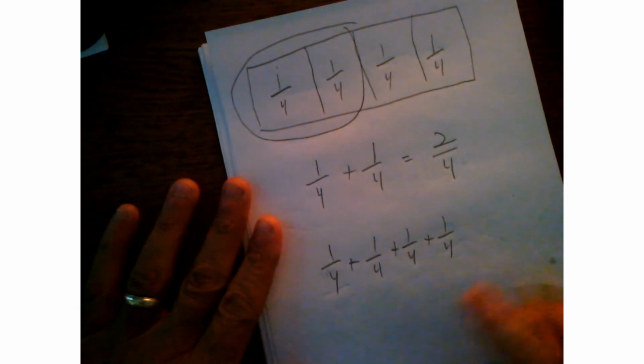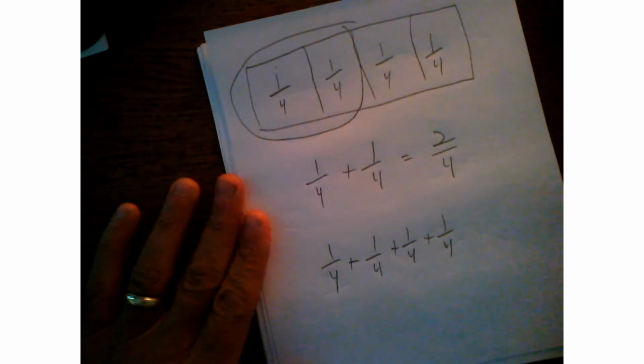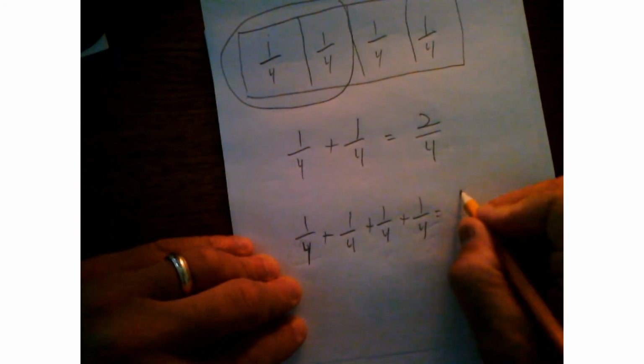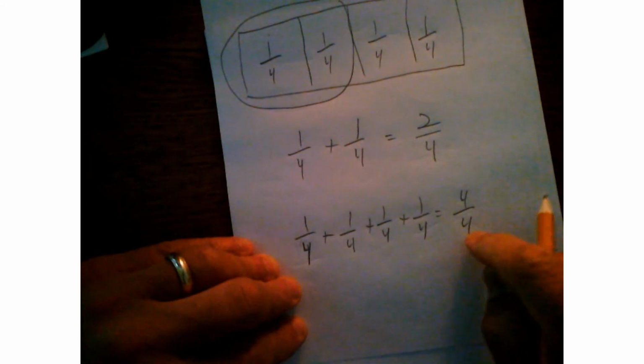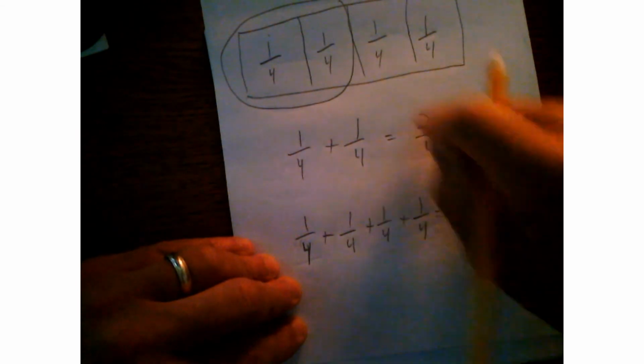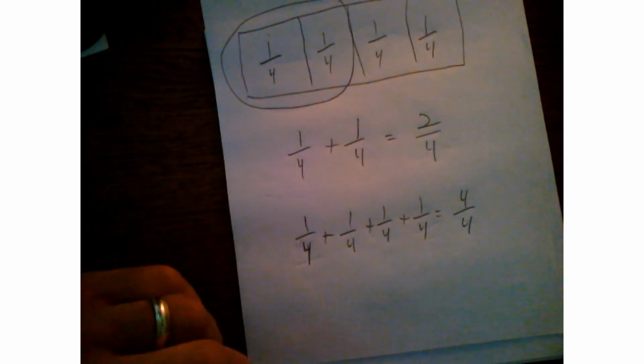That's how we would represent this whole number as the sum of a unit fraction. So this is the sum of a unit fraction, and the sum would be 4/4. This would also be a sum of the unit fraction. Just depends on how many units you are using.